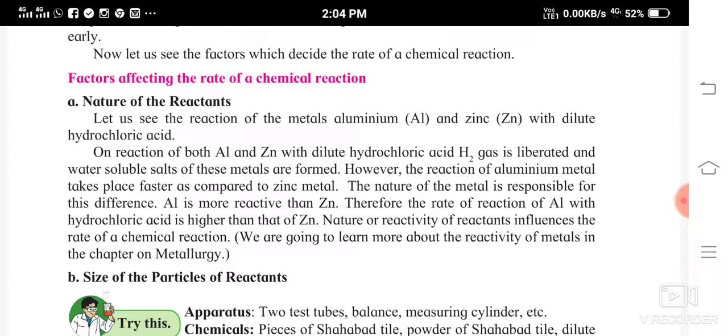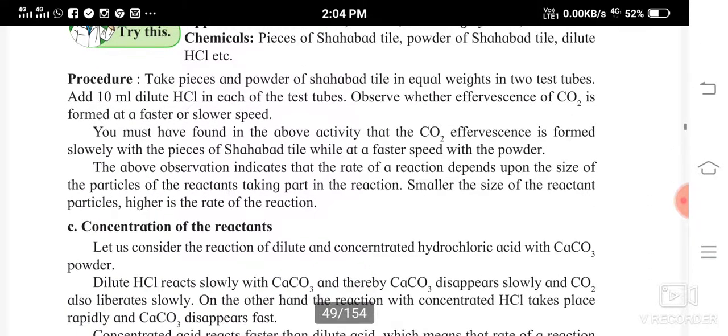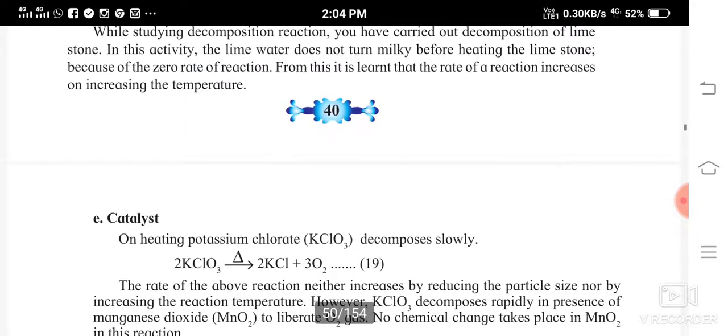Now see, which are the factors affecting the rate of chemical reaction? The first one, nature of the reactants. Second, size of the particles of reactants. Then concentration of the reactants and temperature of the reaction.